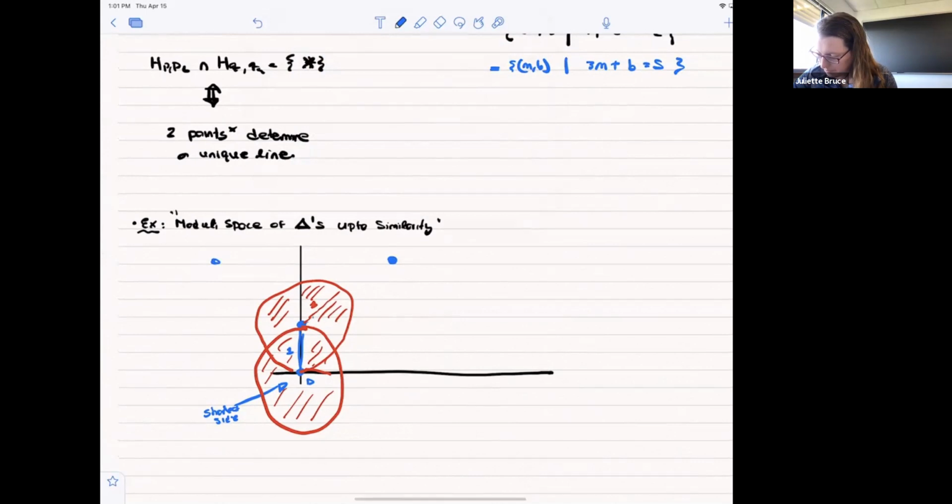I claim that this triangle here is going to be similar to this triangle here.